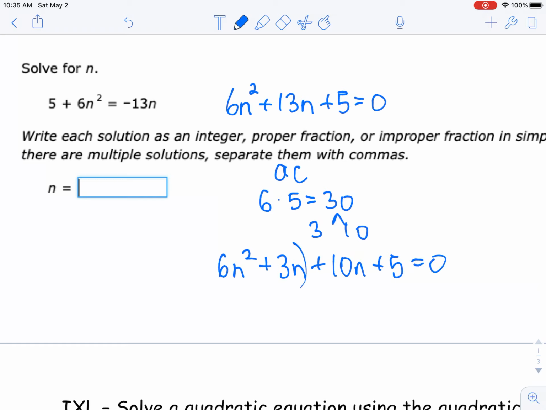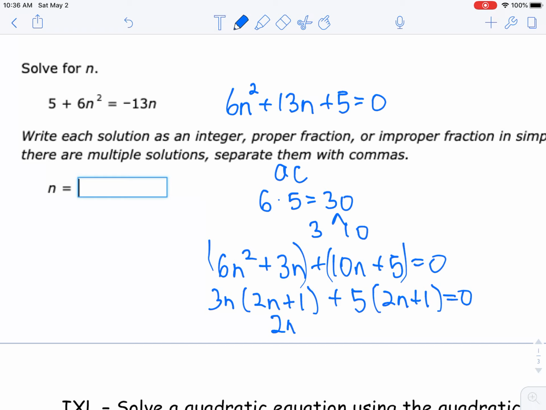And then we factor these by grouping. So I factor out a 3n, and I factor out a 5. And I see my 2n plus 1 is the same, and 3n plus 5.